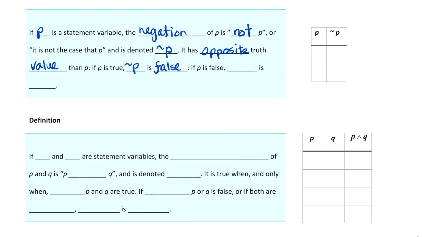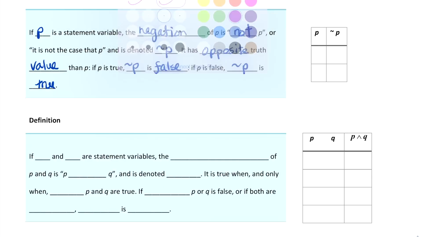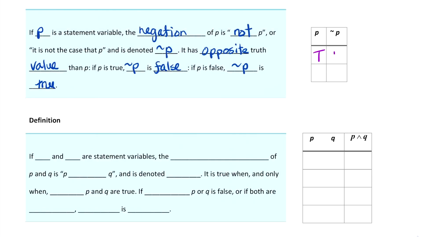So if P is false, then not P therefore must be true. So the truth values in a chart, this is kind of what we just wrote. If P is true, not P is false. If P is false, not P is true. Good so far?